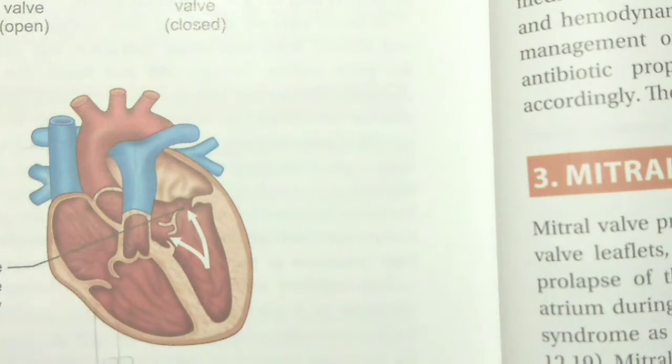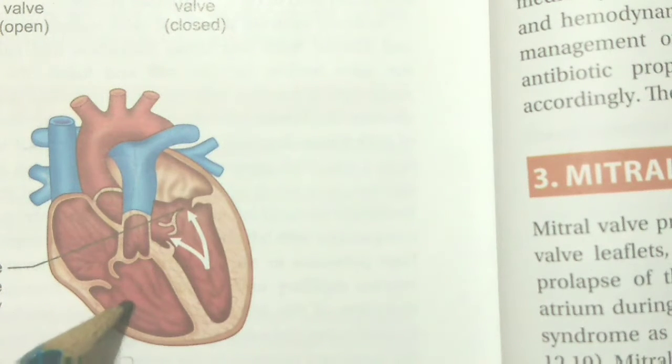This is the one-way path, and deoxygenated blood is collected from the rest of the body by the superior and inferior vena cava and pumped into this right atrium, and from the right atrium, through the tricuspid valve of the heart, the whole deoxygenated blood goes to the right ventricle.